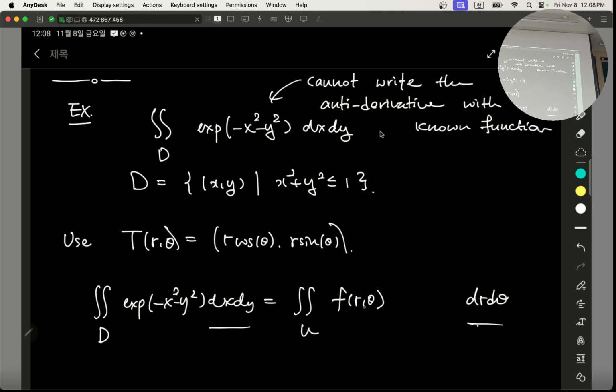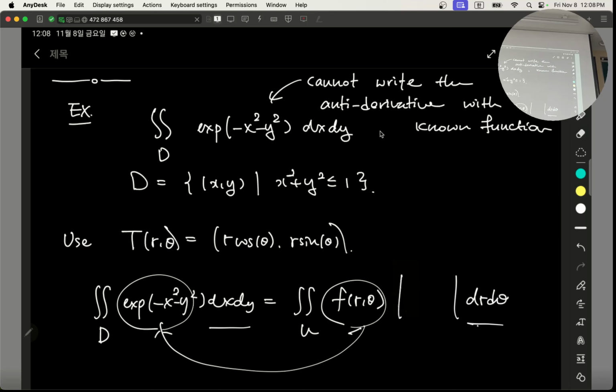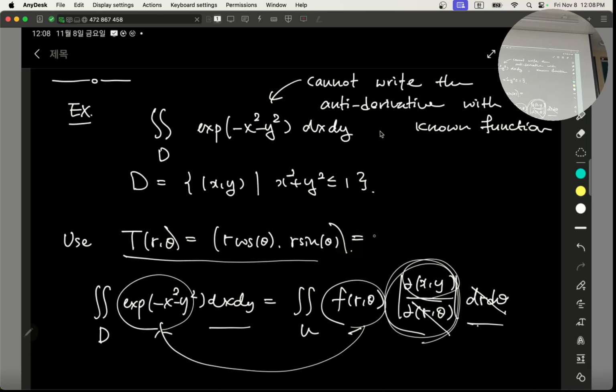This function has to be the same function as this one by substitution. But what we want here is the Jacobian, which factors the difference of the area between the xy plane and the r theta plane. So what we want is dx dy on top and the Jacobian dr d theta on the bottom, because then we can cancel out to get dx dy. But we already have a function to compute that Jacobian because t sends (r, theta) to (x, y).